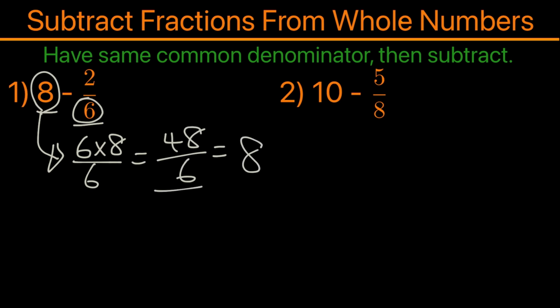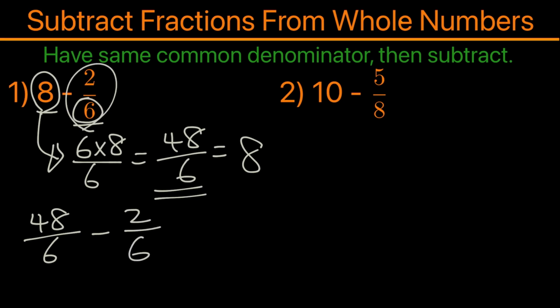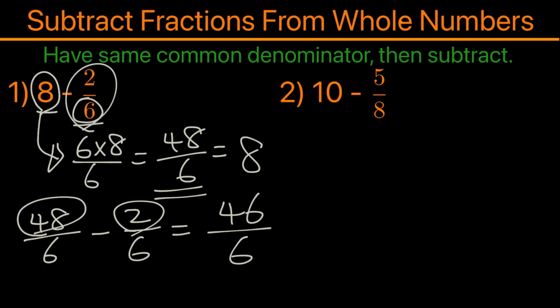So now that we have the 8 converted to a fraction, all we have to do is bring down 2 over 6. Now that they have the same common denominator, all we have to do is subtract 2 from 48, and that becomes 46. So then this becomes 46 over 6.